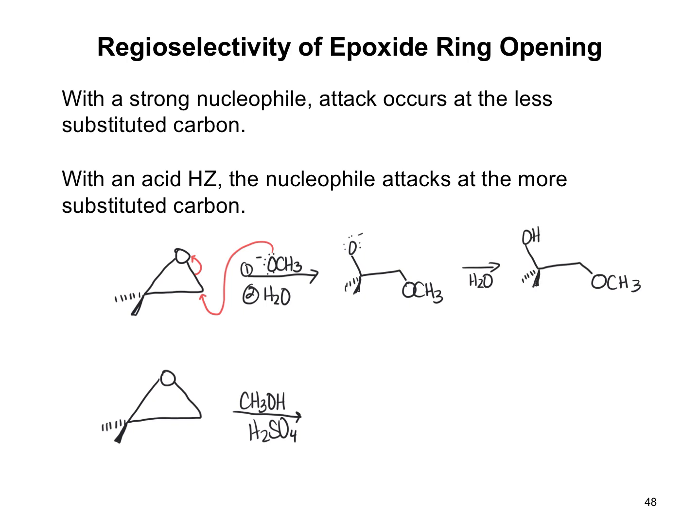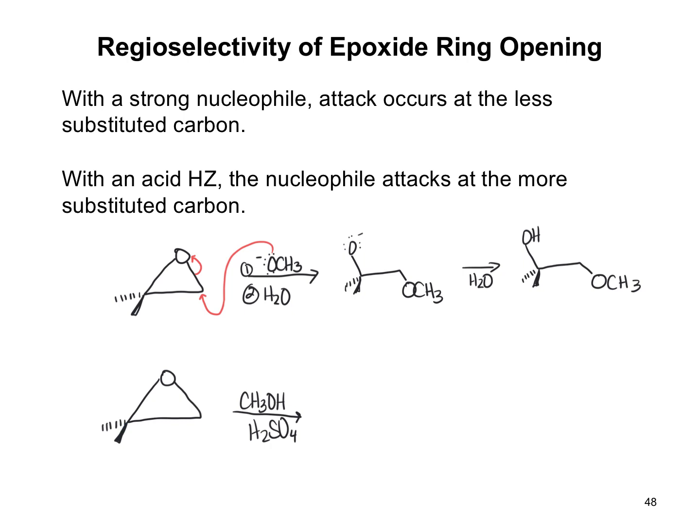that molecule there. Now, with an acid like HZ, the nucleophile attacks the more substituted carbon. Now, I want to show you something. This is exactly what your book says. But look, this is a weak nucleophile with an acid, and so it falls under this umbrella here. So it's going to attack at the more substituted carbon, which is this carbon here.